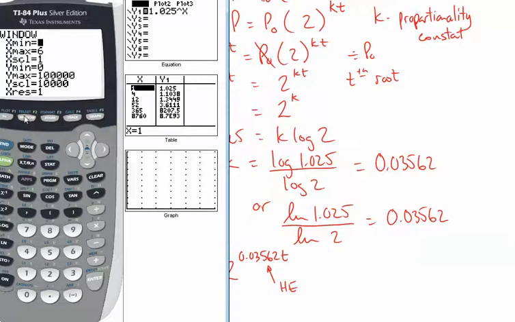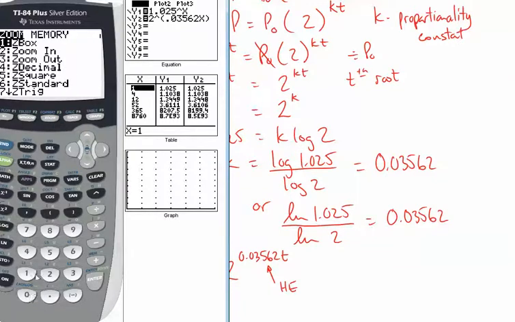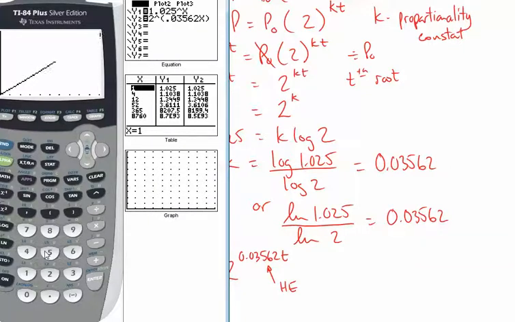But if I make a window here and I say let's go from 0 to, oh, I don't know, 10, and let's go with zoom 0, and see what that looks like. It'll take a moment for the calculator to figure out the range to use. There's my growth of the 1.025 function, and the other function looks like it's not graphing, but it actually is.